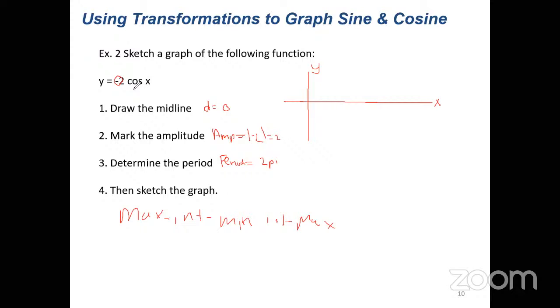Ander, Brianna, Dylan, what is this negative going to do to this function?